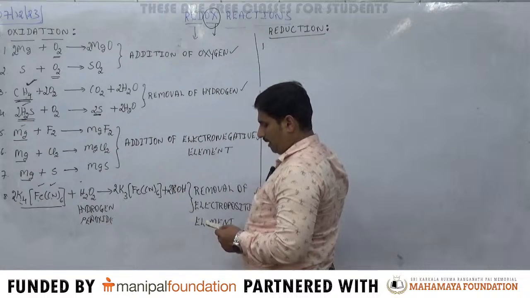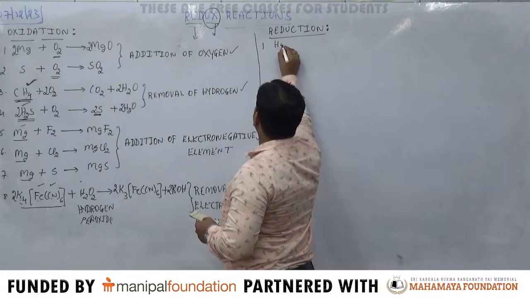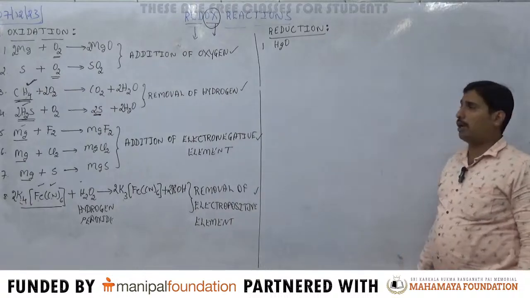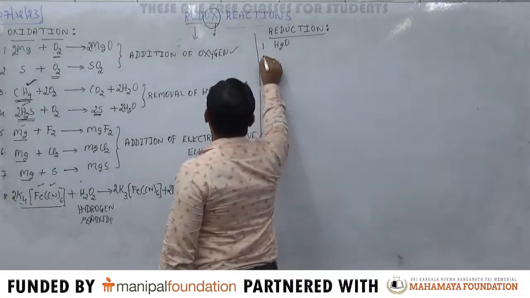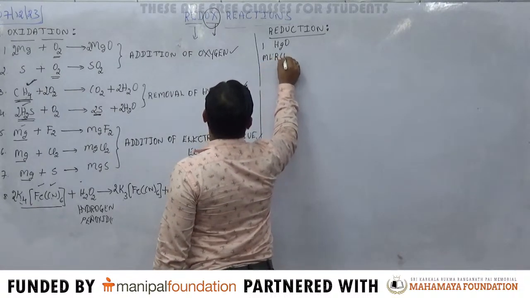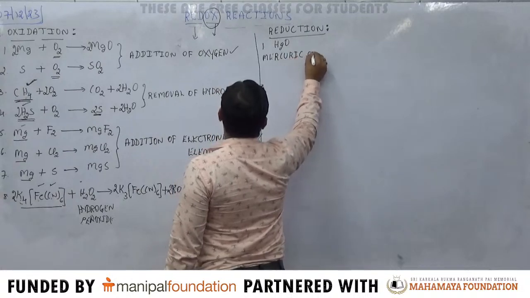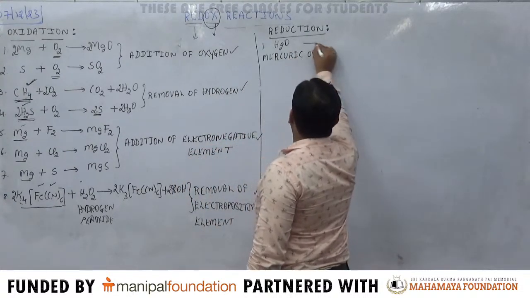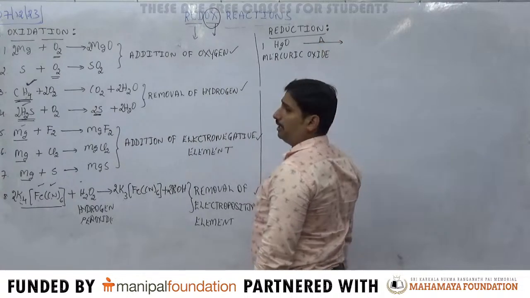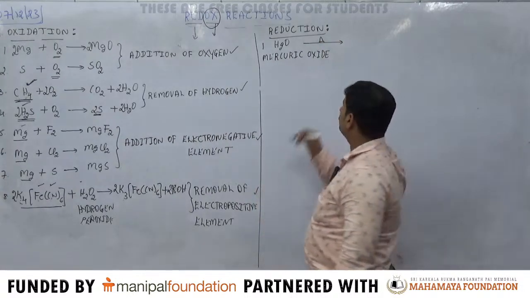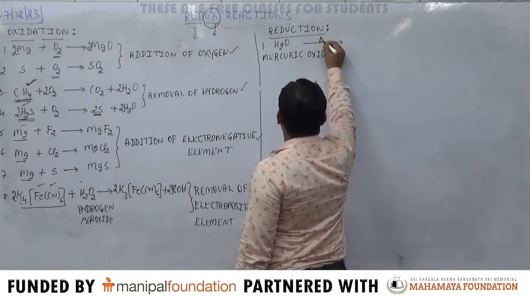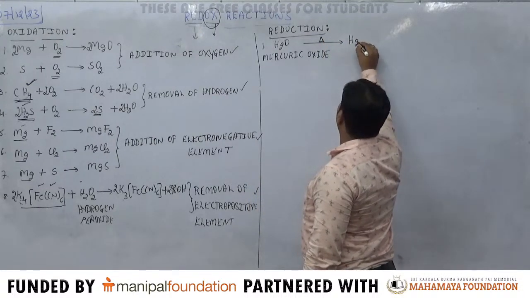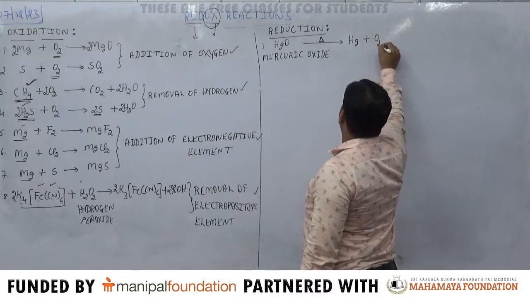Let me discuss some examples. HgO, it is mercuric oxide. When you heat the mercuric oxide, this is the symbol used for heating. There will be a formation of mercury and oxygen.